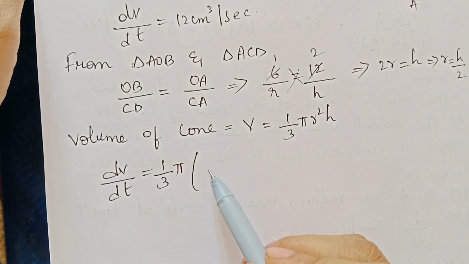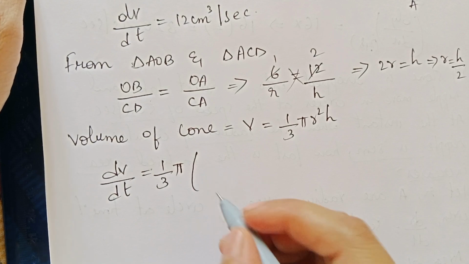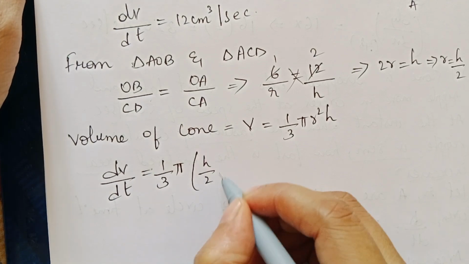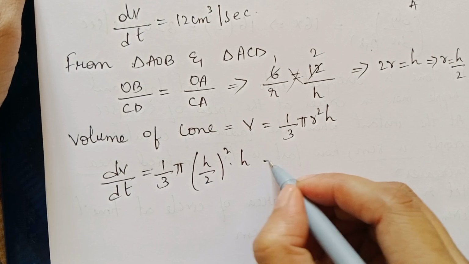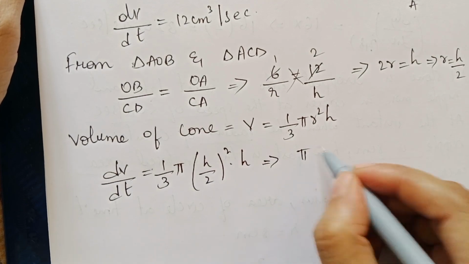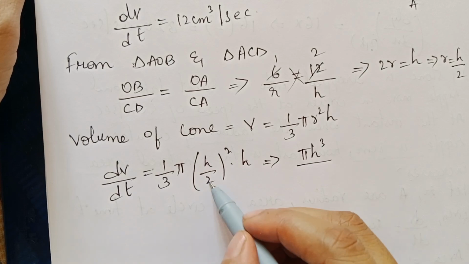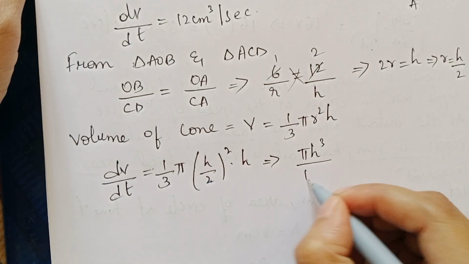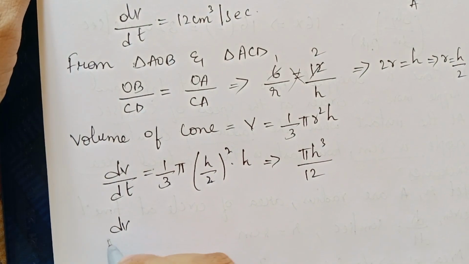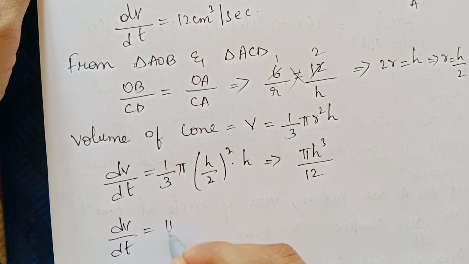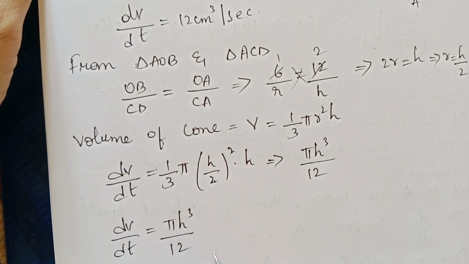First we will write the value of r, then we will differentiate it. So it will be h by 2 whole square into h. This can be written as pi into h square into h is h cube by 4, 4 into 3 is 12. So we get V equals pi h cube by 12.